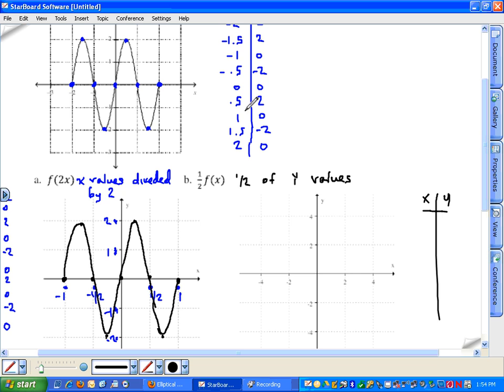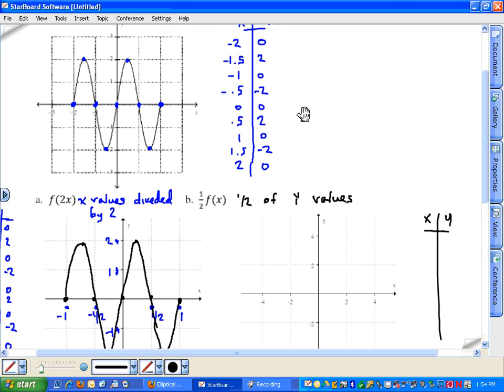We're going to use the same x values this time as the original function. But the y values will be cut in half. And I'm going to change the scale again.